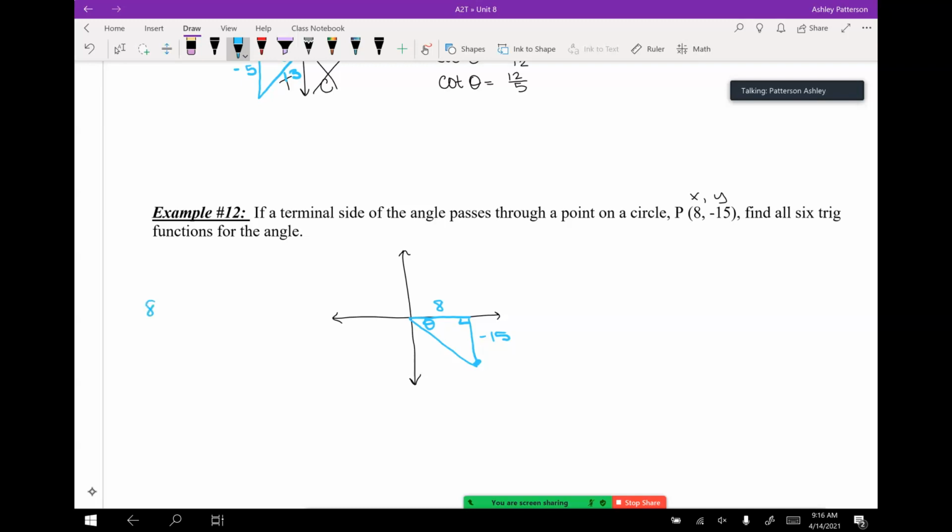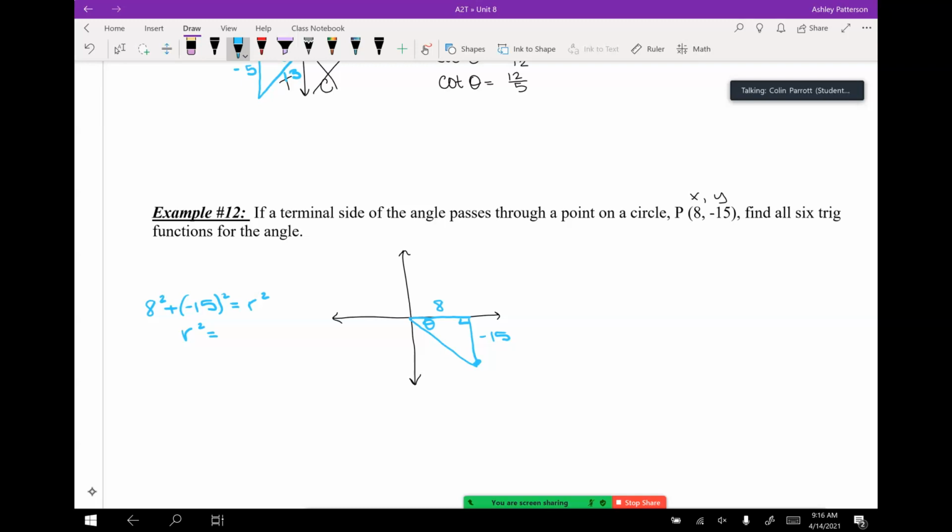So let's take 8 squared and add it to negative 15 squared and see what we get. Is it 289? I got 289 in my head, but I need confirmation. No, Shannon, that's the final answer.